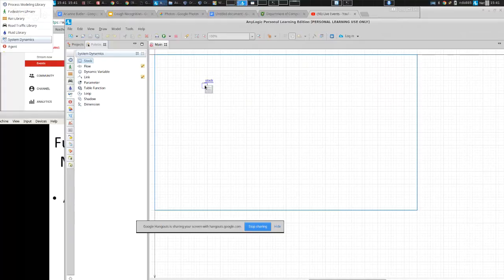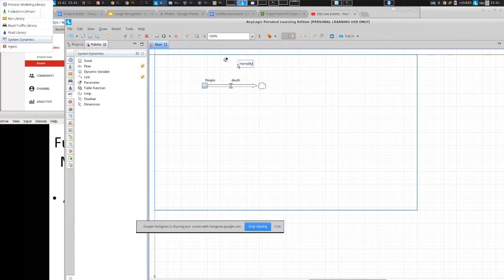There we are. And this is going to be called people. And we are going to drag in a flow, which will be called death. And we are going to drag in a parameter, which will be called mortality rate.